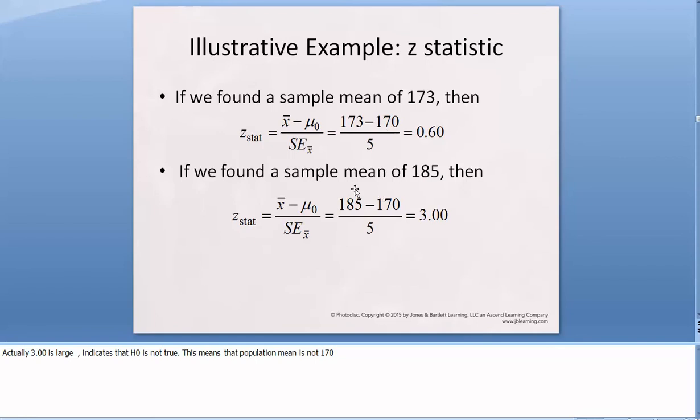On the other hand, if you found a sample mean of 185, plug 185 in here, you get a pretty large z value, which is 3. Remember, we have worked with the bell curve; theoretically z can go on and on, but meaningfully, after about 3.9 or so, the probability will be near 0. So 3 is a very large z value.